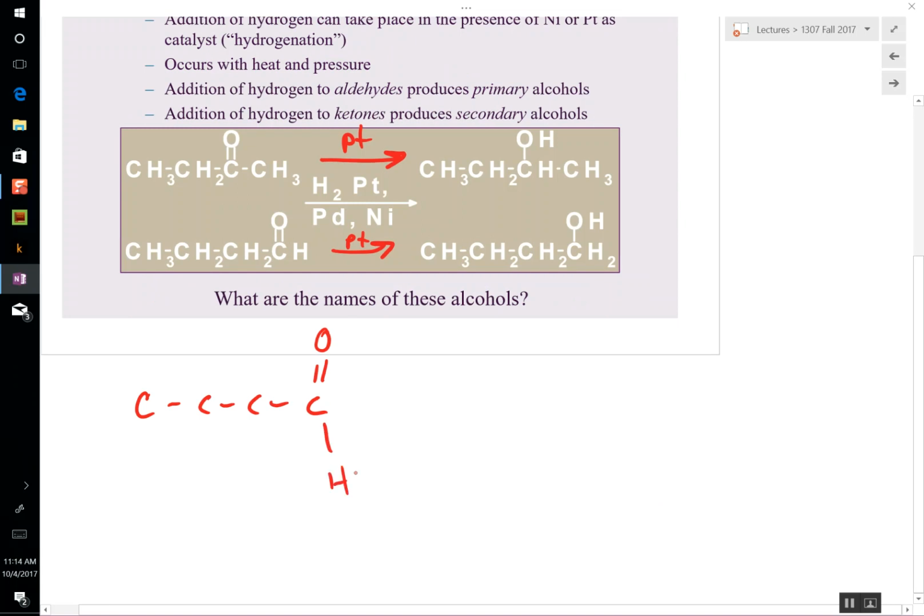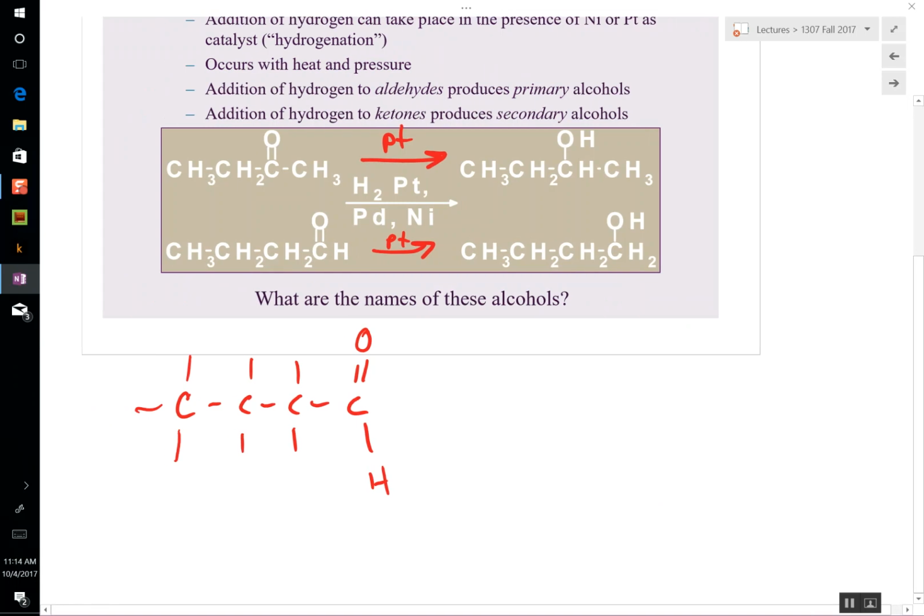Let's put this hydrogen down here. And we're adding hydrogen. We've got our platinum catalyst or nickel or palladium. That's not suggesting you need all 3 of those. You just need a catalyst, and the most common ones are platinum or palladium or nickel catalysts.